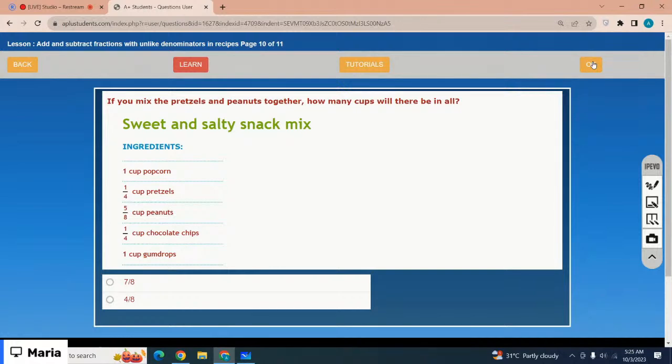One fourth and 5/8. That would be 7/8. The correct option is very good. That would be 7/8.